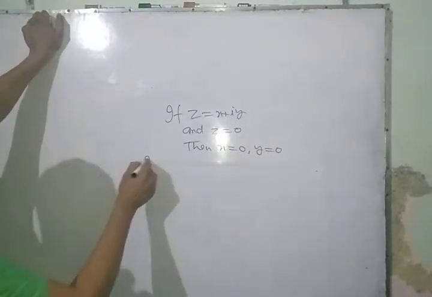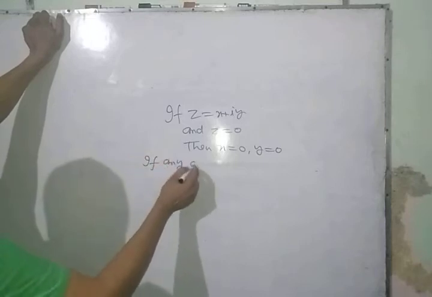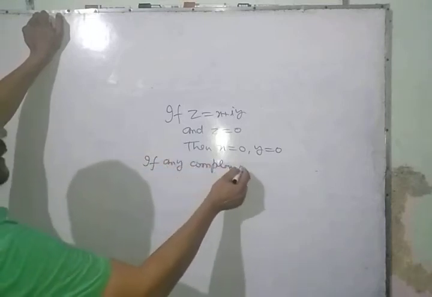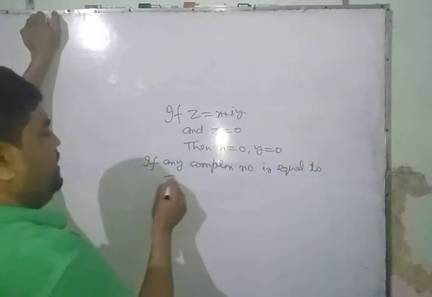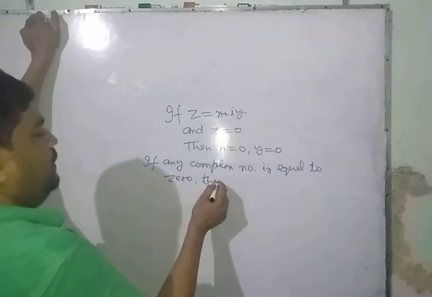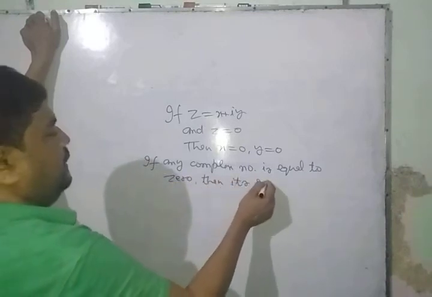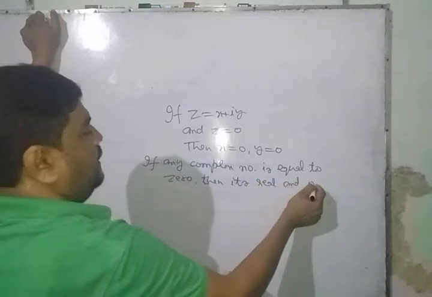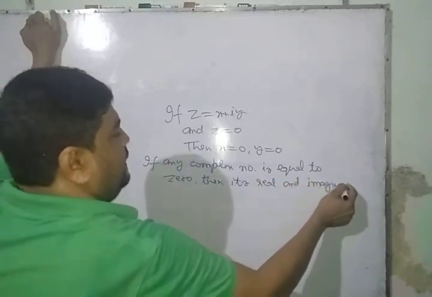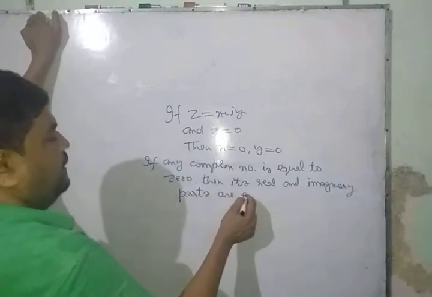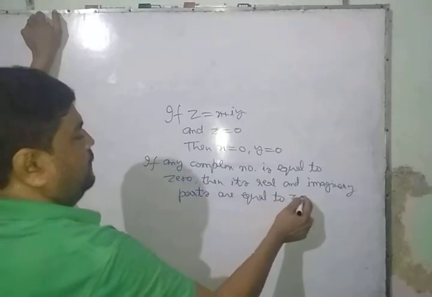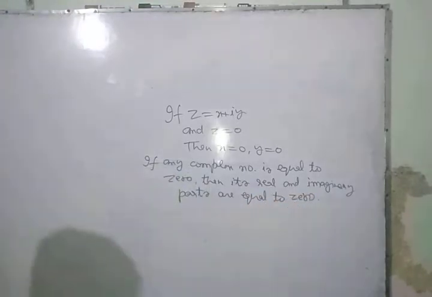We will conclude that if any complex number is equal to 0, then its real and imaginary parts are equal to 0. It means if any complex number is equal to 0, then its real and imaginary both parts are equal to 0.